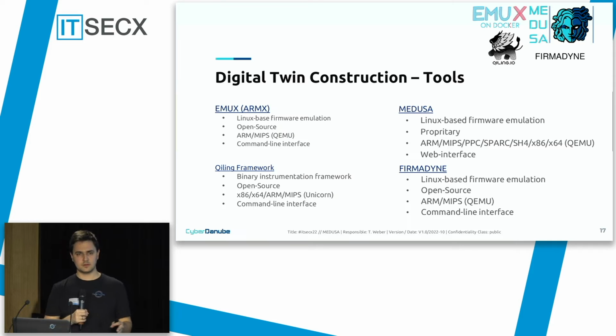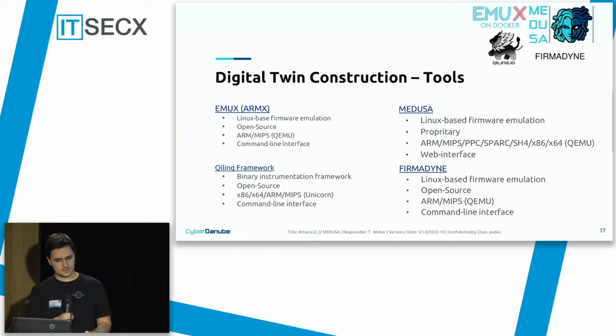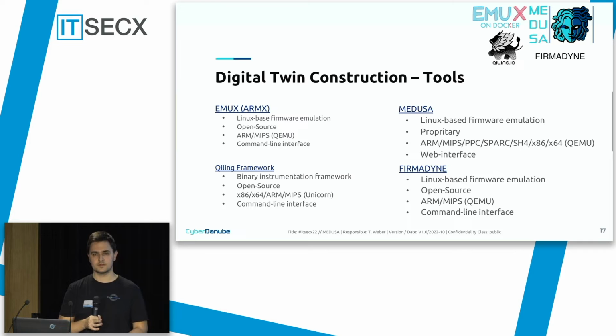You can access the kernel, you can access the userland, you can have access to the running processes, and those frameworks are offering a lot of architectures which are possible to be emulated, and also different levels of emulation. Qiling is more like a binary instrumentation framework, whereas EMUX and the other ones are frameworks or tools for emulating the whole Linux environment and its userland.